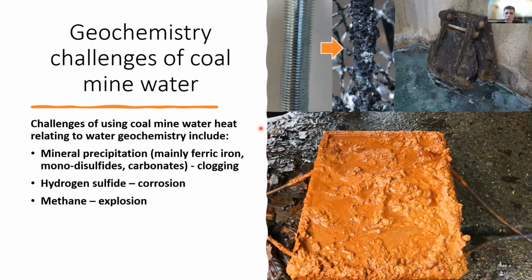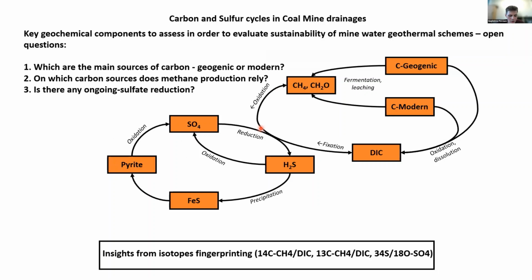So actually, geomicrobiology may play a role in understanding the geochemistry of coal mine groundwater. We developed a very simplified diagram representing the potential microbial interactions involving the carbon and the sulfur cycle in groundwater, where both of those biogeochemical cycles are related, and where in South Wales we are dealing with circumneutral mine drainages, where the pH is around 6 to 7.5.